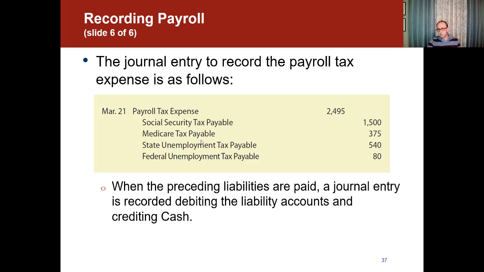Same thing for Medicare tax payable, it's $375, which matches what was deducted from the employees. Then we have the SUTA and FUTA, $540 and $80, and all of these are liabilities that are created, and we record them on the credit side. So when the preceding liabilities are paid, a journal entry is then recorded debiting the liability accounts and crediting cash.